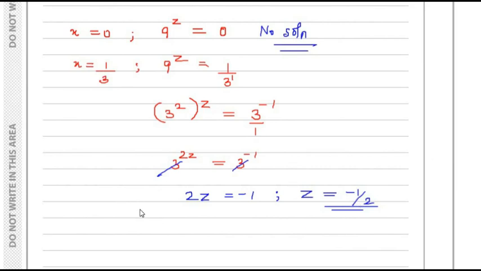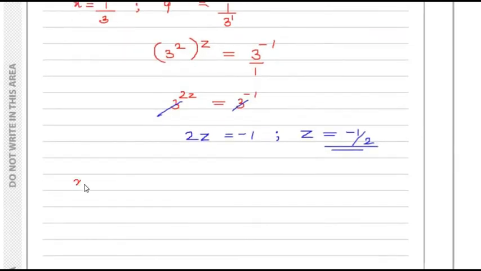Now let us look at the next value of x, which was x equal to -9. So in this case we have 9 to the power of z is equal to -9. Now in this case as well we have to check what power of z gives us -9. We see that there is no power of z which gives us -9.